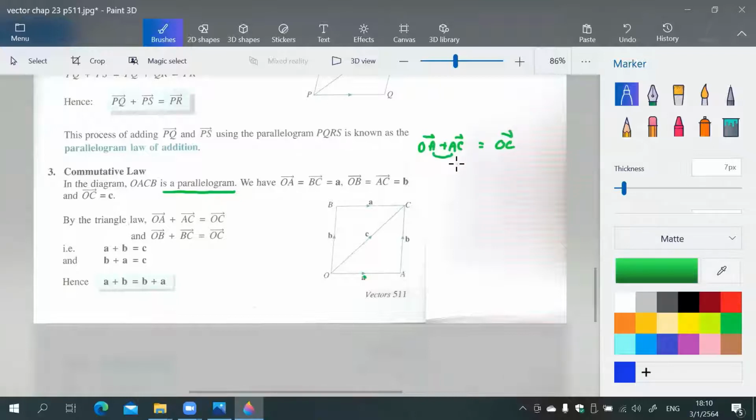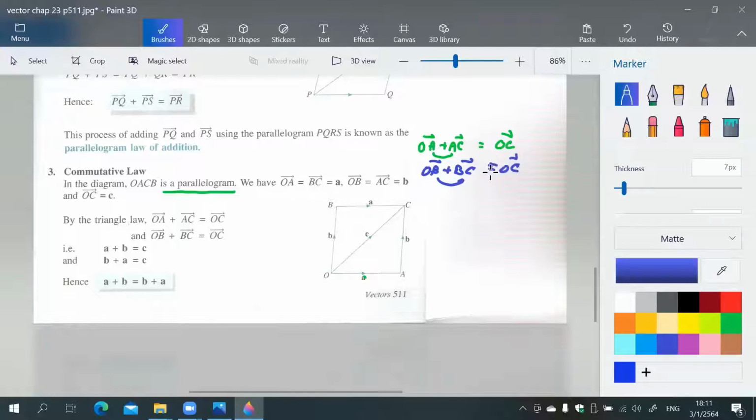See, there's a common point here. And at the same time, you see the triangle OBC. So we're gonna have vector OB plus BC, common here, equal to OC.